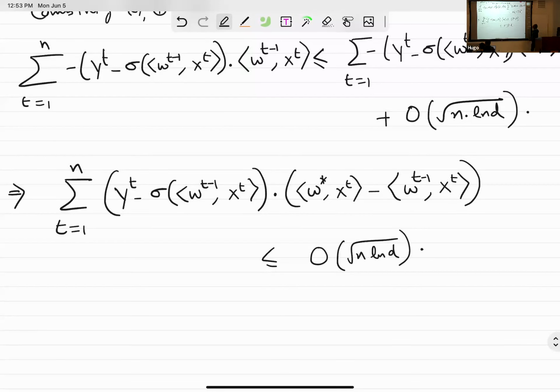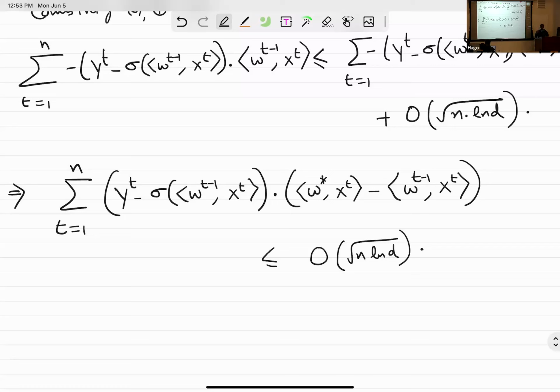After all the calculations, the expression looks kind of neat. You're looking at the y that you observe minus the predicted centering, times the true inner product minus the predicted inner product. Okay.